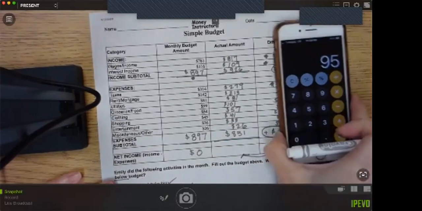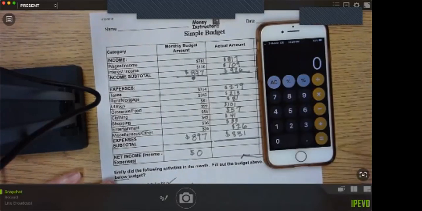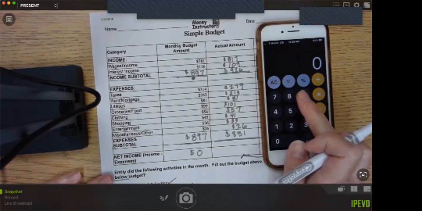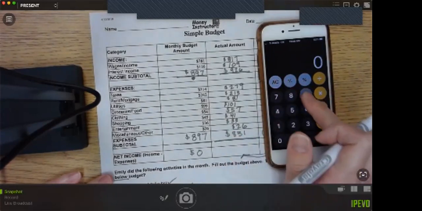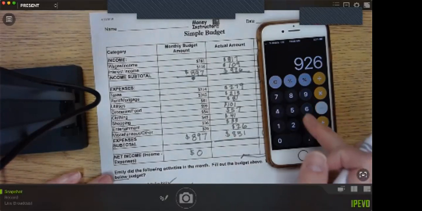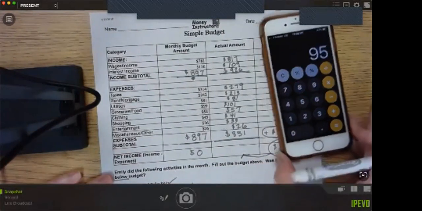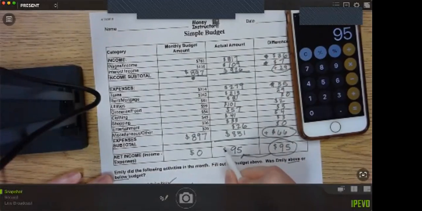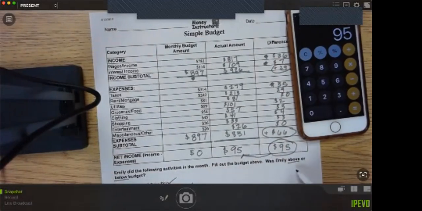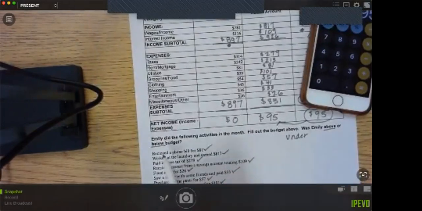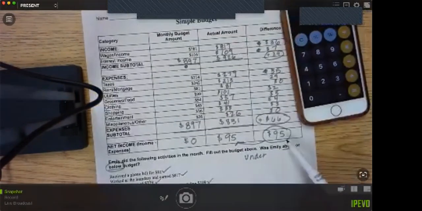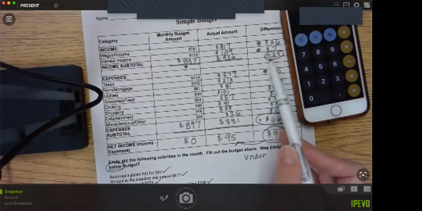So if we took, let's hope that's what it is. 926 minus 831, $95. So she was under budget. So we'll say under, which is below budget, because she has $95 left over because she got paid more than she thought.